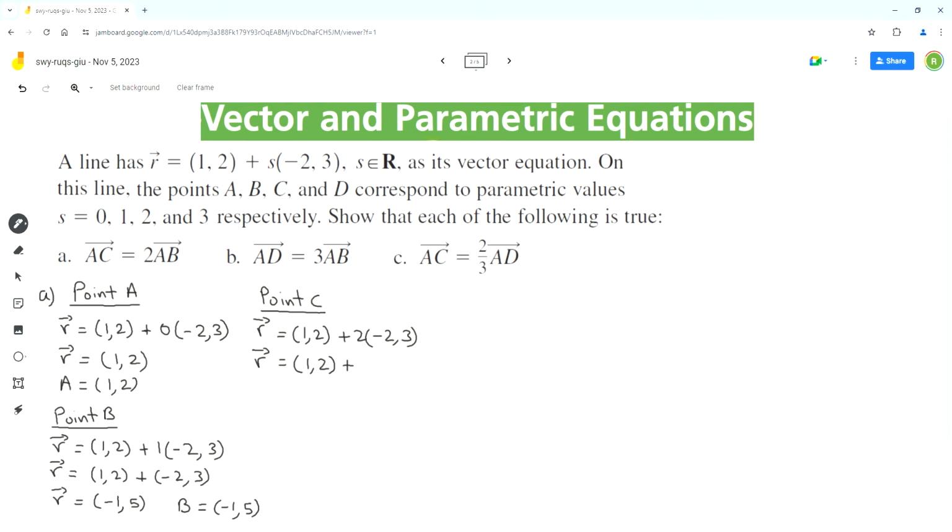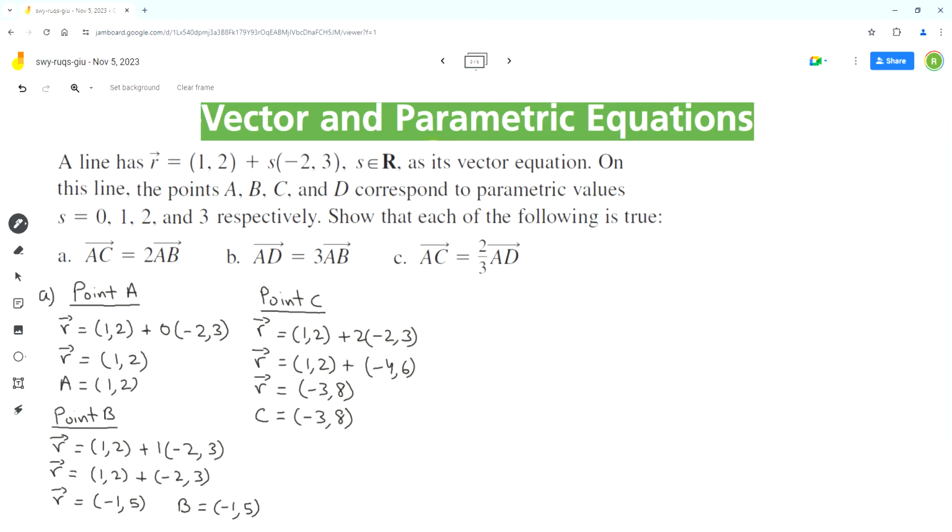So we should multiply the components in vector (-2, 3) by 2. Now we can add the vectors, so we should add their x and y components. So this is the position vector for point C. So point C is (-3, 8).